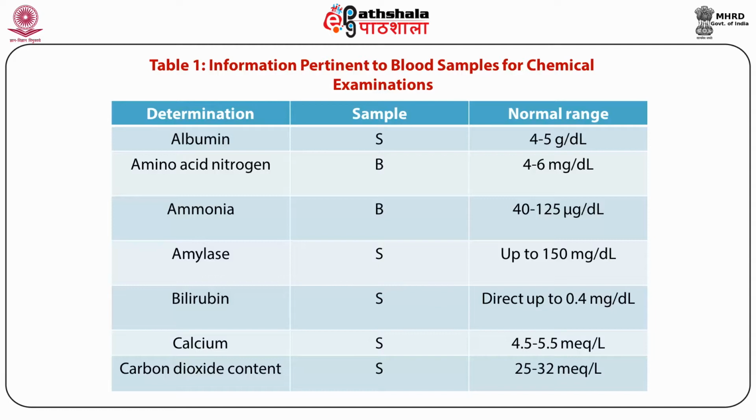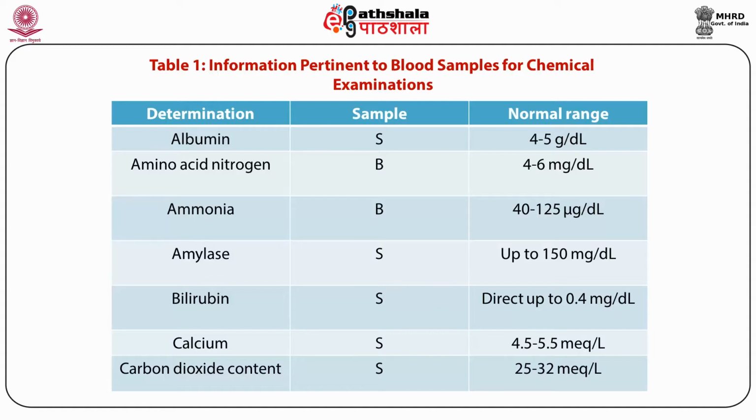Then the second constituent is amino acid nitrogen, and the sample taken for its determination is blood, and its common range is 4 to 6 milligram per dl. Then ammonia is determined in blood in the range of 40 to 125 microgram per dl, and amylase is determined in serum up to 150 milligram per dl.